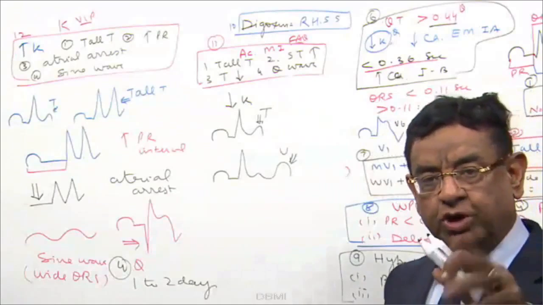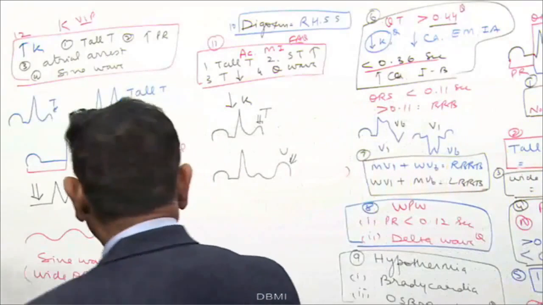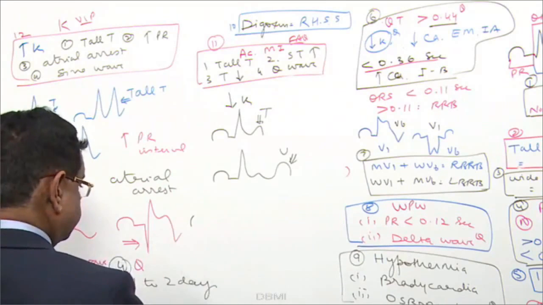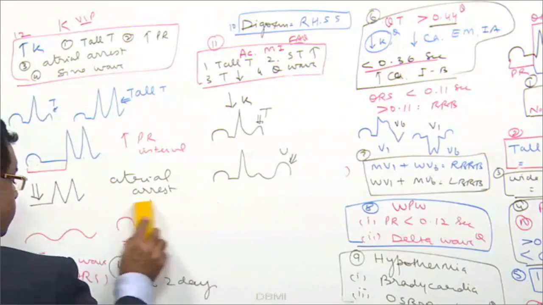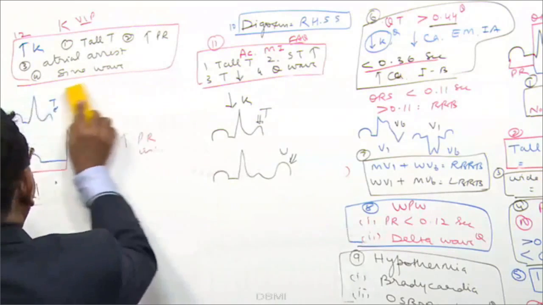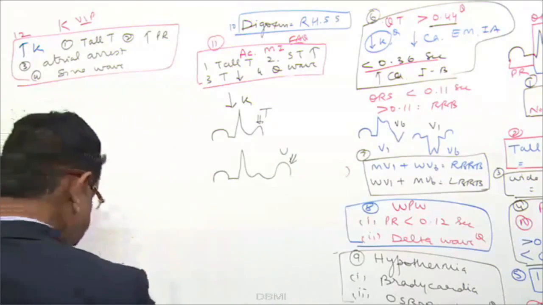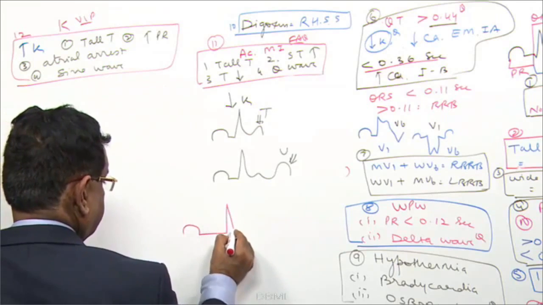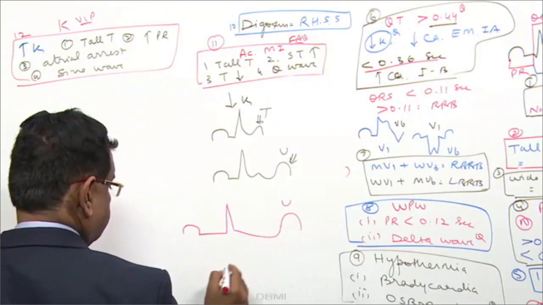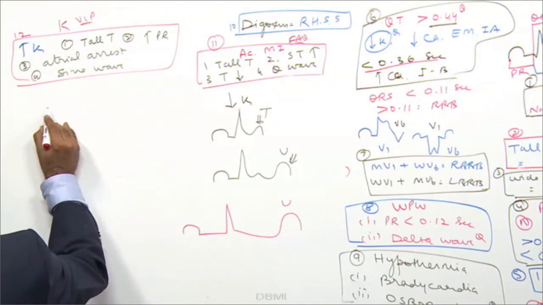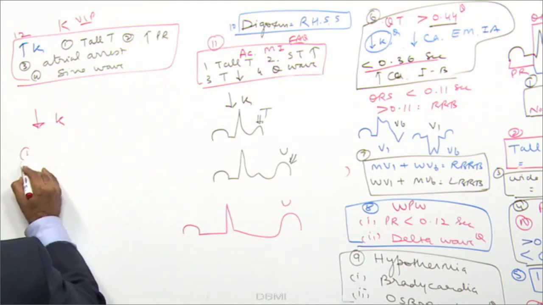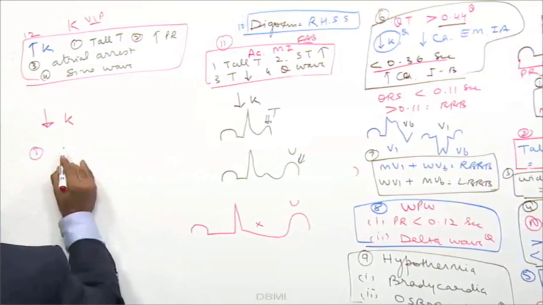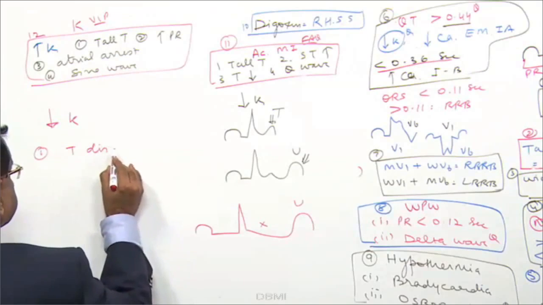Now just hold your pen for a minute. First you see, then you draw it. In the advanced stage of hypokalemia, first of all, T disappears.